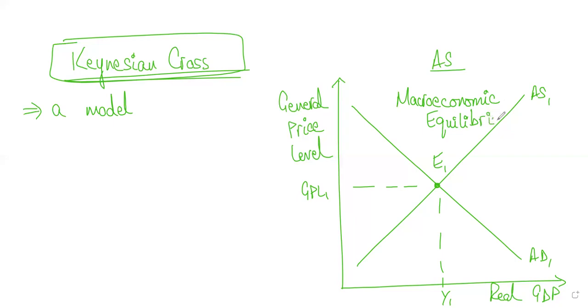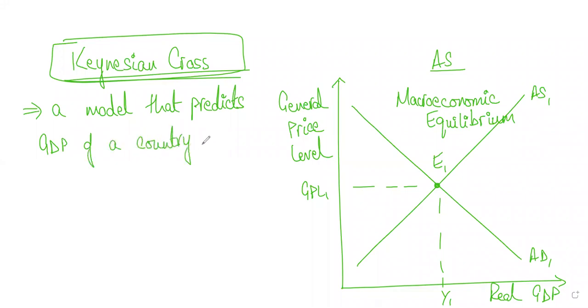We'll be using a different approach over here. So the Keynesian cross is a model that predicts the GDP of a country. This is basically its simple definition.